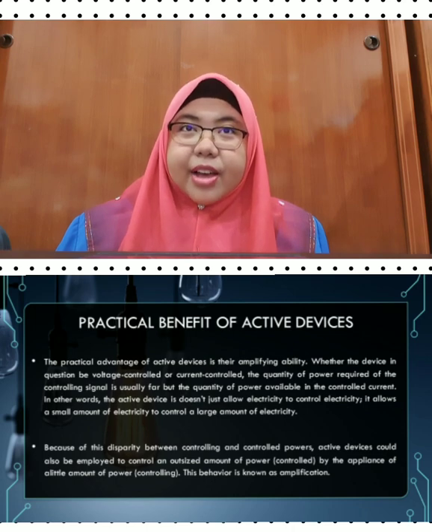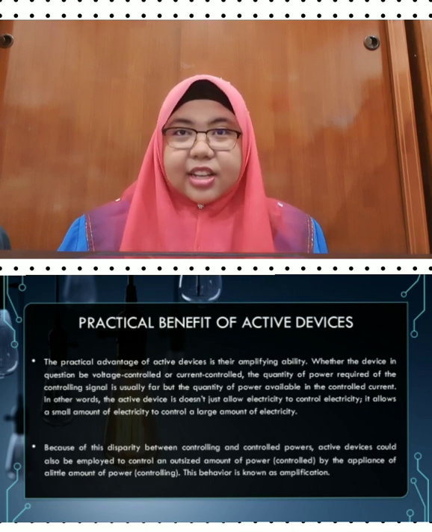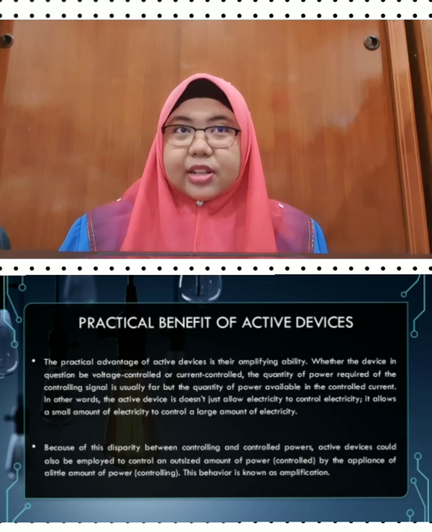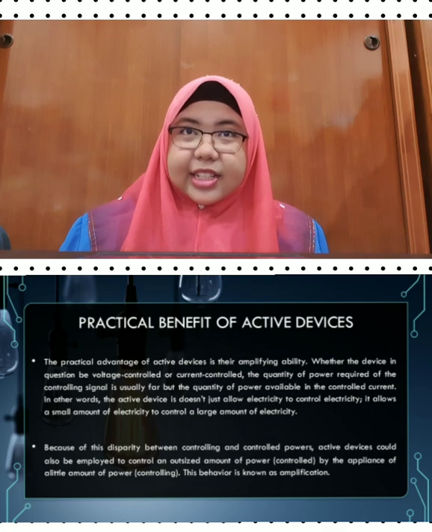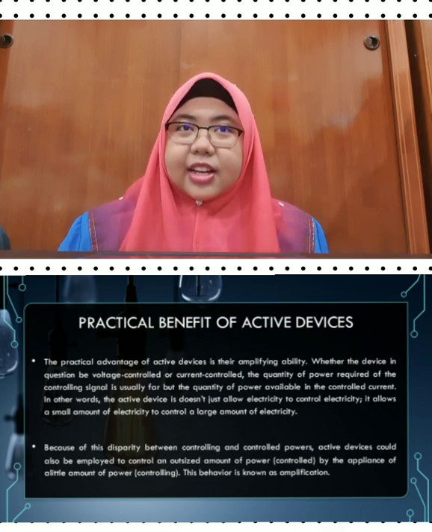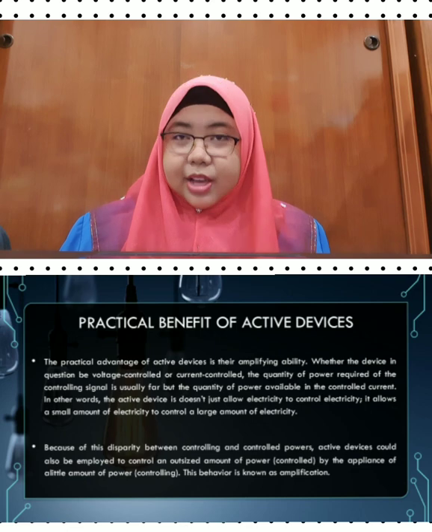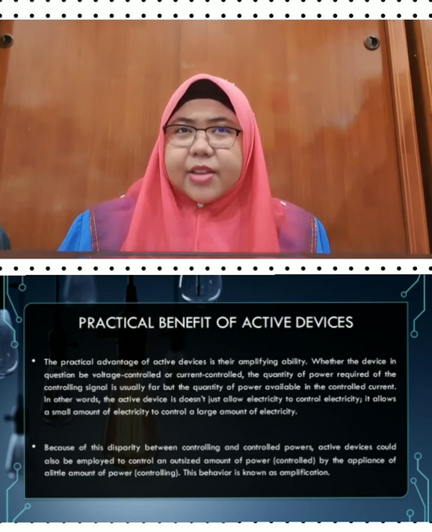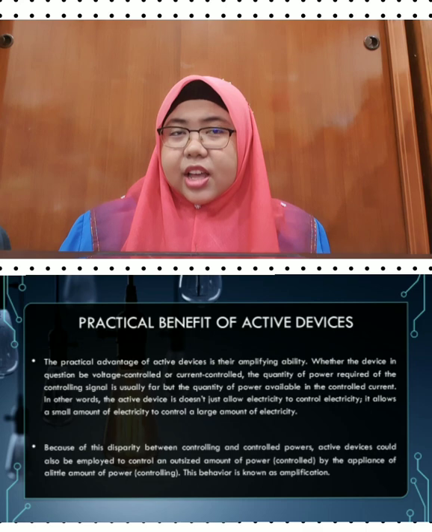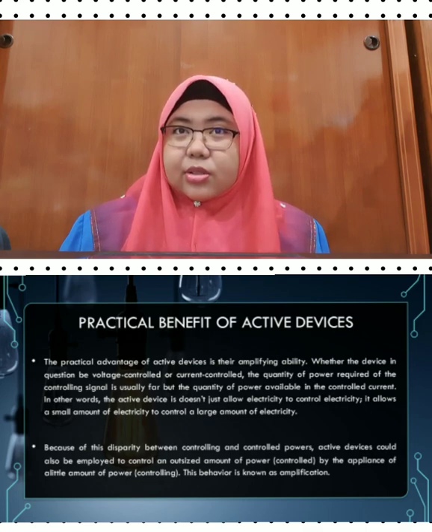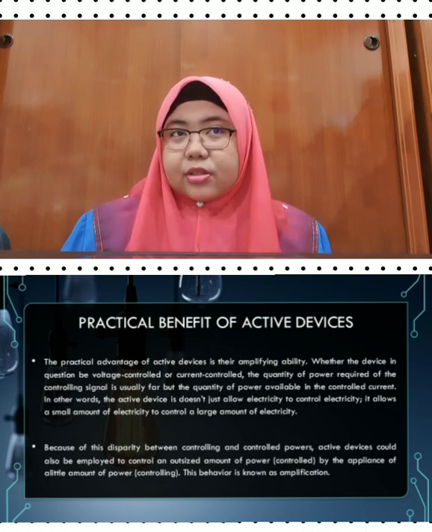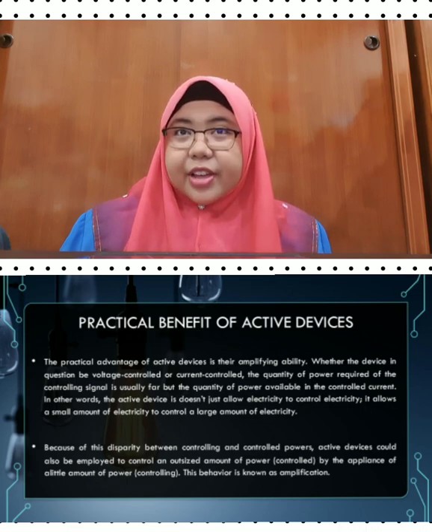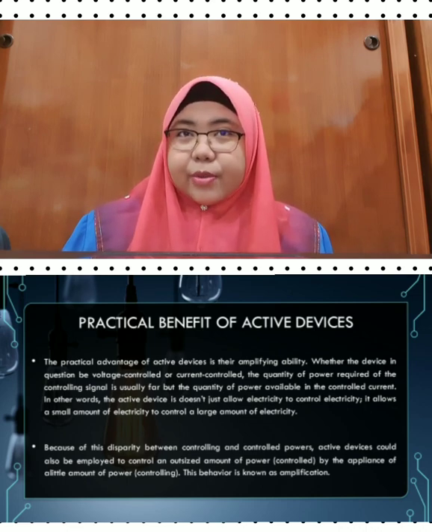In other words, the active amplifier doesn't just allow electricity to control electricity. It allows a small amount of electricity to control a large amount of electricity. Because of the separation between controlling and controlled power, active devices can also be employed to control an outsized amount of power by the application of a limited amount of control power.